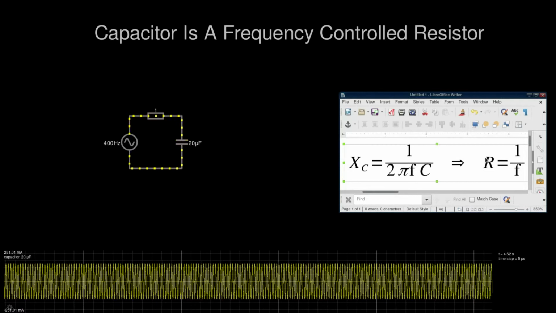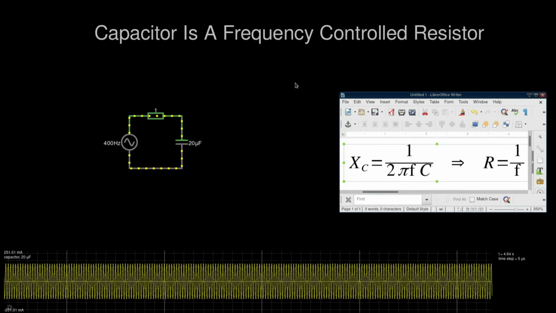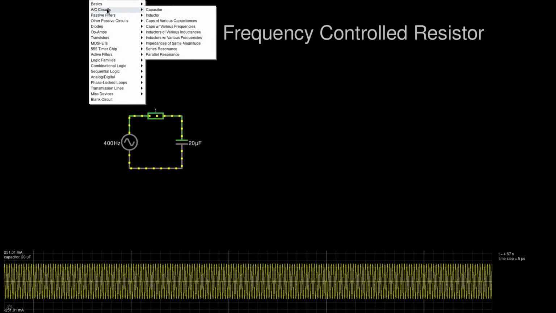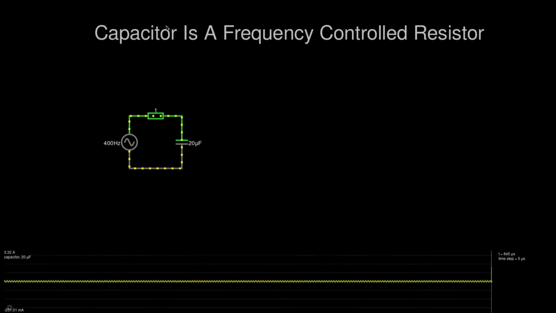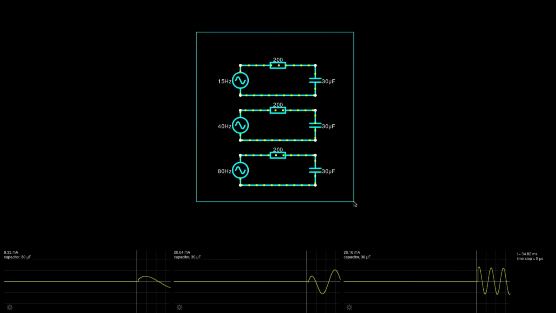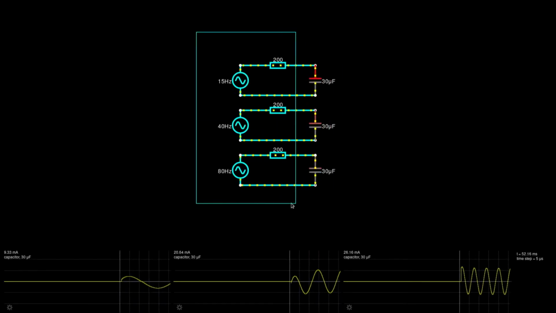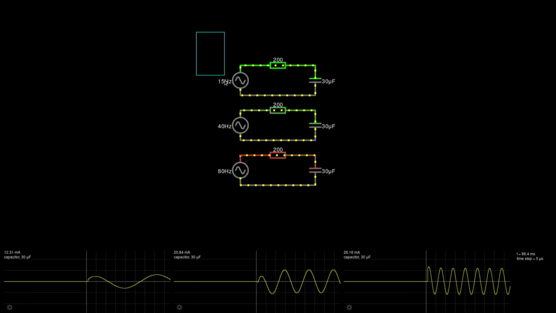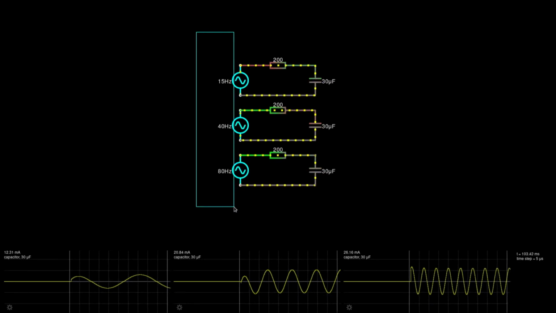And let's look at some other examples from faststop.com/circuits. Here we can see one. They're exactly the same circuits with the same capacitance, the same resistance, the same voltage sources. The only difference being that the voltage source frequency is different. It's 15, 40 and 80 Hertz.